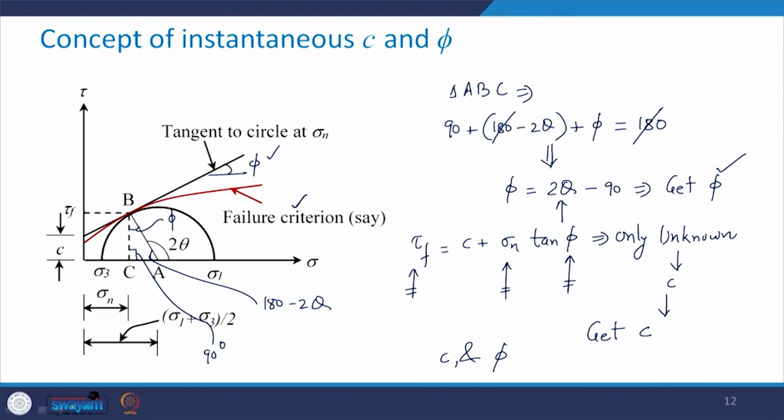So, let us summarize this. In the beginning, you have a nonlinear relationship between sigma 1 and sigma 3 or between tau and sigma.